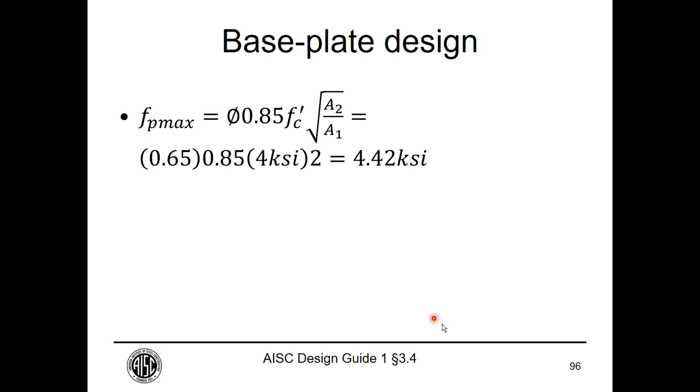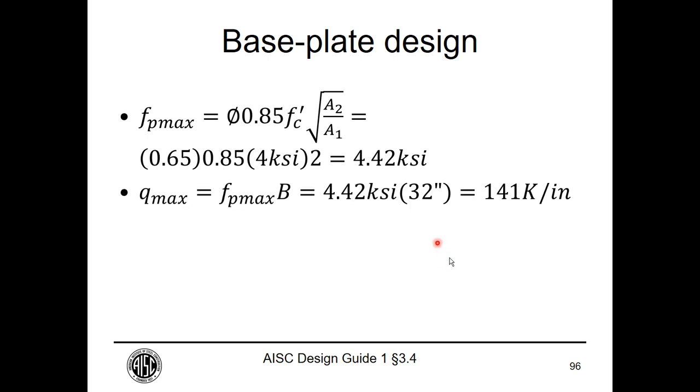Okay, so how much compression can we put into that grout? We use this equation from ACI. It includes the square root of A2 over A1, which essentially lets the stress spread out from the contact area to a larger effective area. And with the strength that we have in the concrete, it permits us to go up to about 4.4 ksi. Take that over the width of 32 inches, and it's 141 kips per inch.